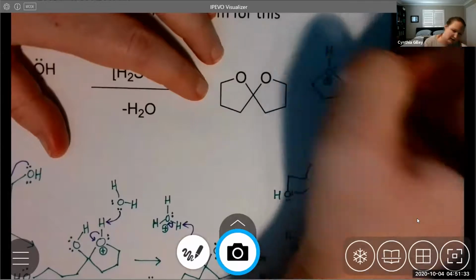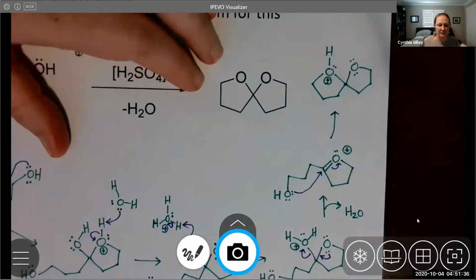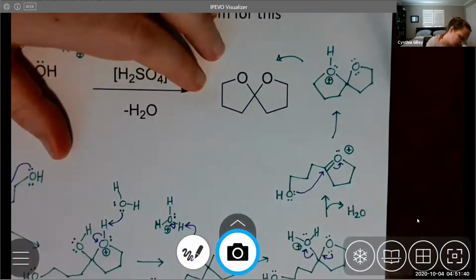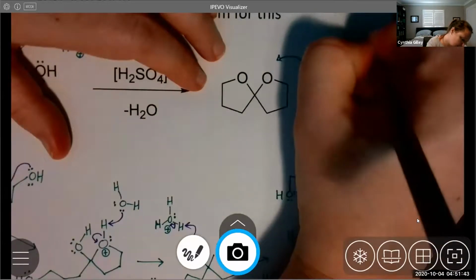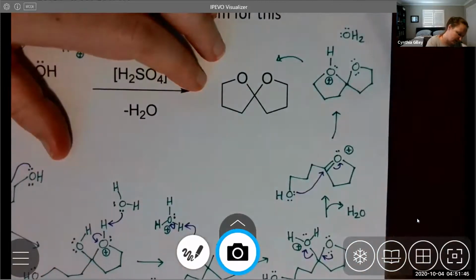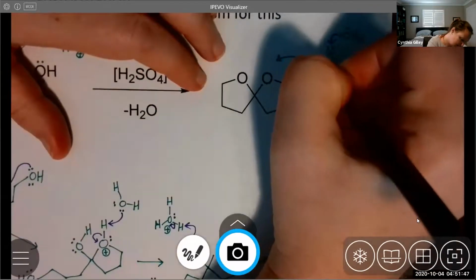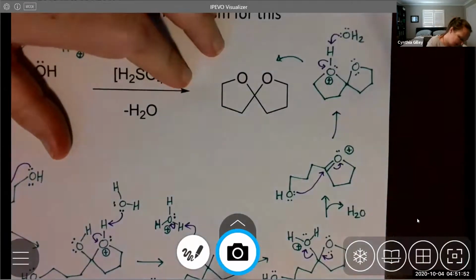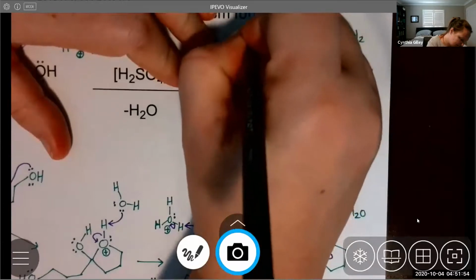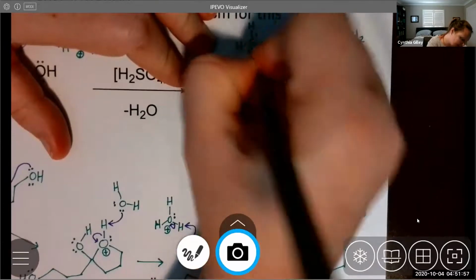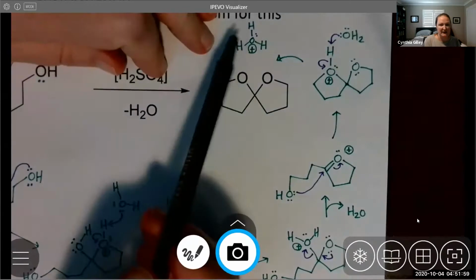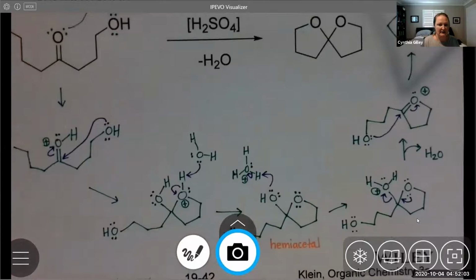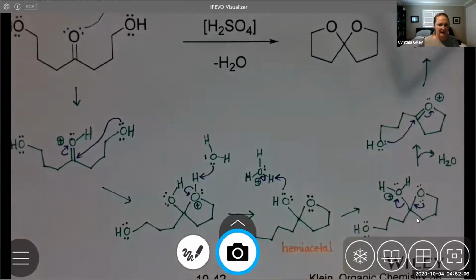I just need to do one last proton transfer to get to the product. So I'm just going to draw in a water molecule and show that deprotonating to get to the product, and that regenerates catalytic H3O+. Right? So if it's a catalyst, that means we can use it and we regenerate the acid in the reaction. Okay, so that is the mechanism.